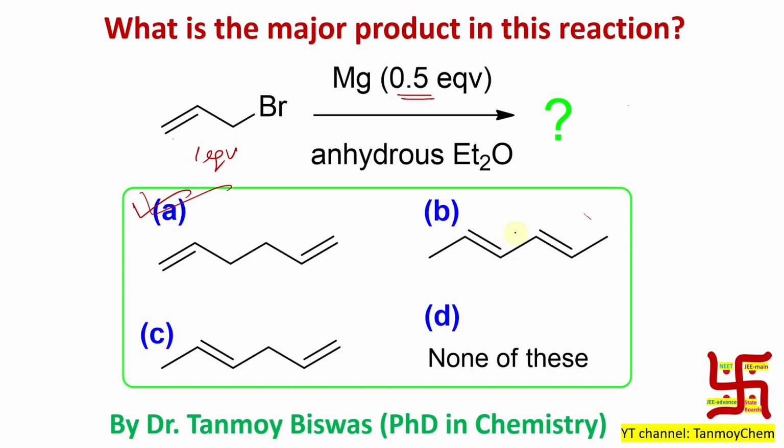In order to form this CC bond, you need a radical here and a radical here. This is called a vinylic radical; they are not in conjugation, they are not stable, so this product formation is not possible. Even this is also no: one side allylic, another side vinylic, that is not possible. This is actually possible. So I believe you should remember this information, then it will help you.